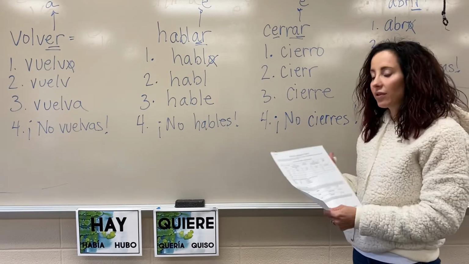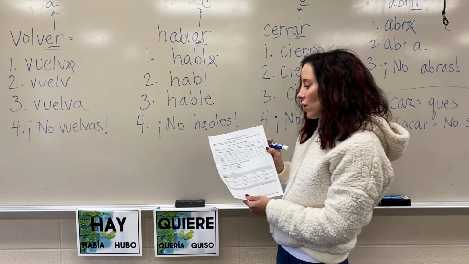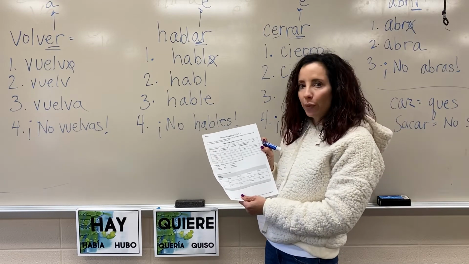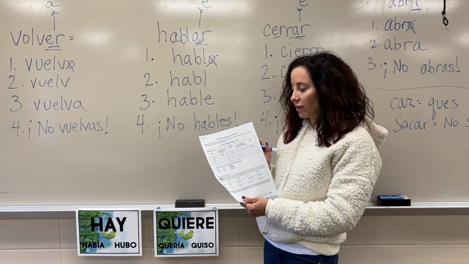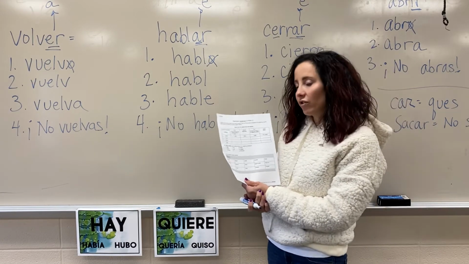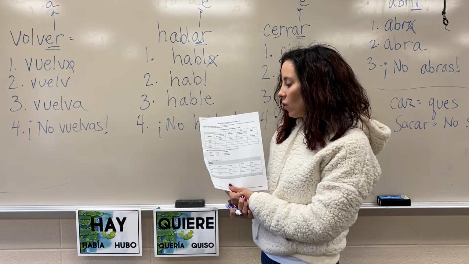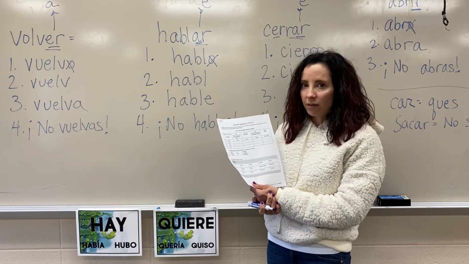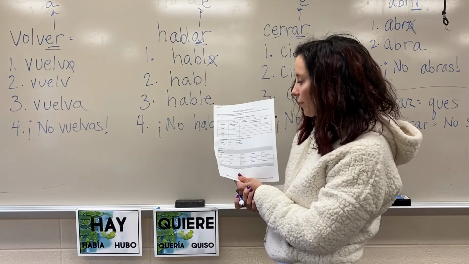Apagar, that's a vocab word, to turn off, would change to GUES, no apagues. And the last one, almorzar, changes to CE, no almuerces, CES. And they're written down for you on this paper.